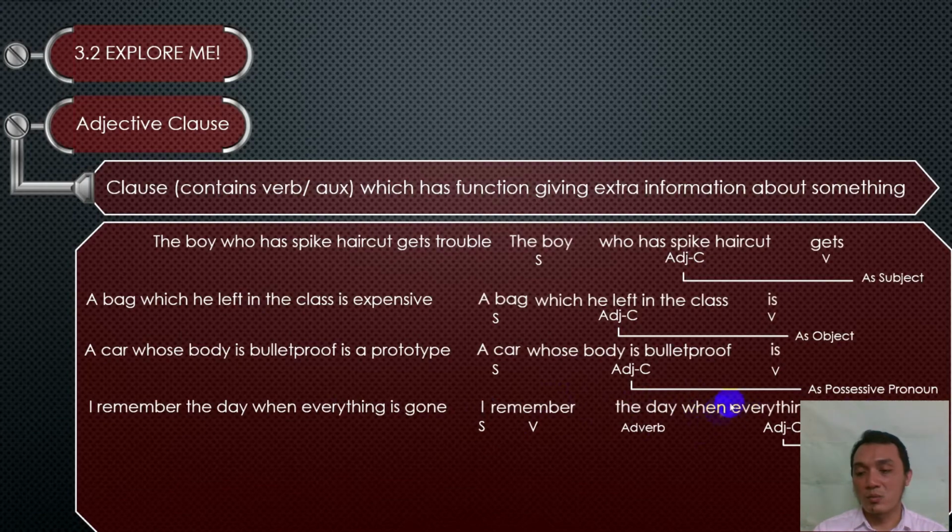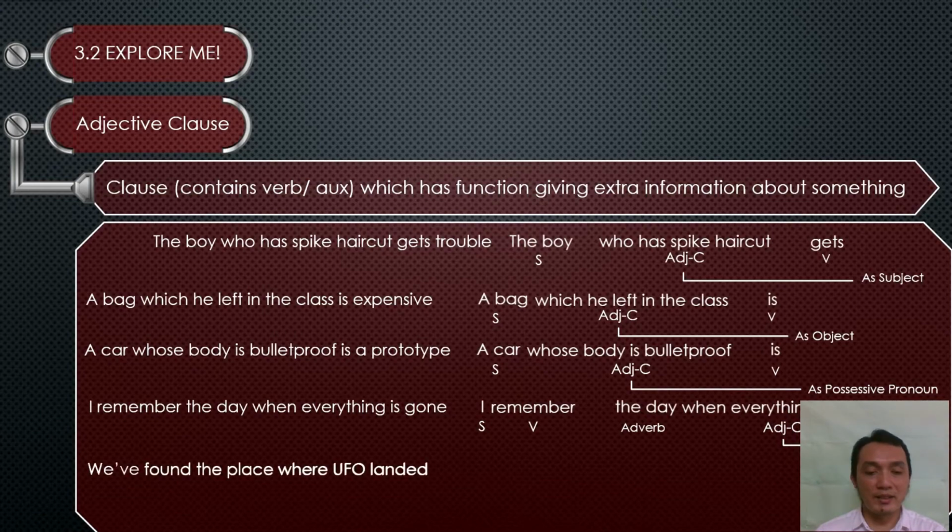"When everything is gone": "when" is giving a specific time for the day that I remember, because "when" is the question word usually used to ask about time. So this is called adjective clause as adverb of time.